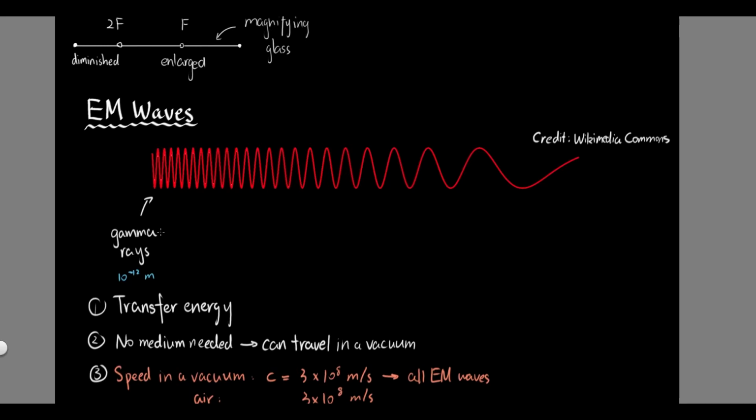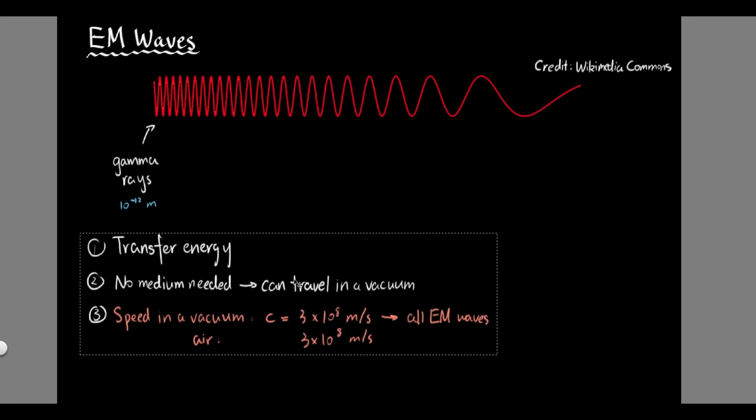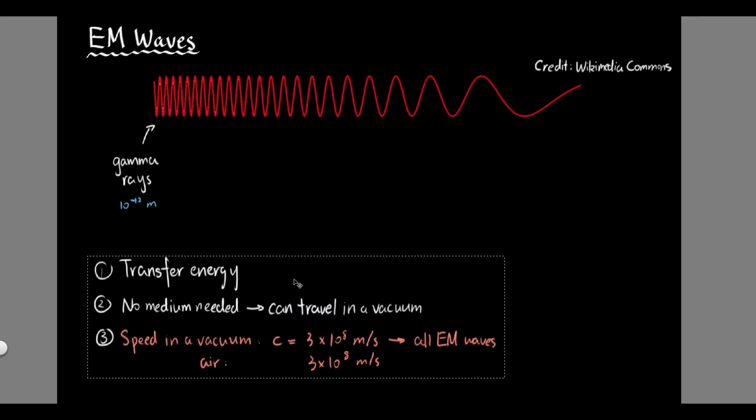Just for reference, it's about the same size as an atomic nucleus. So a nucleus of an atom is about the size of the wavelength of a gamma ray, and the frequency of gamma rays is around.